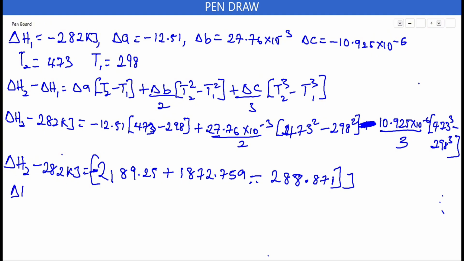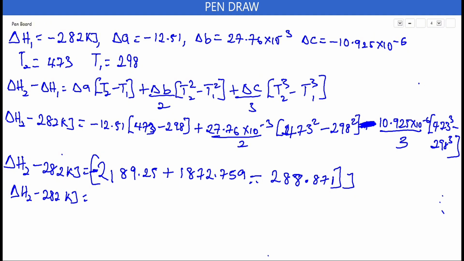So we have change in H2 minus 282 kilojoules is equal to minus 2189.25 plus 1872.759 minus 288.871. Good.